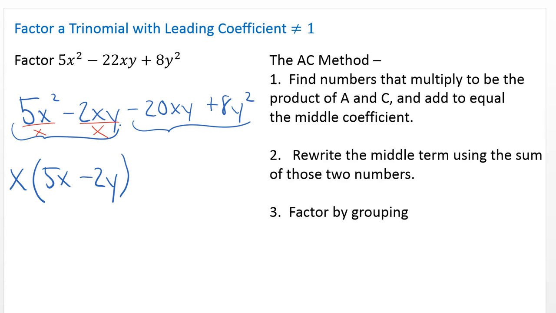Okay. Now, when I move over to the second two terms, I'm going to do the same thing, factor out the greatest common factor. Now, the 20 and the 8 have a 4 in common, and they both have a y to the first power. So I know I want to bring out a 4y. Because that's what's common. Now the next question is, do I do positive or negative?